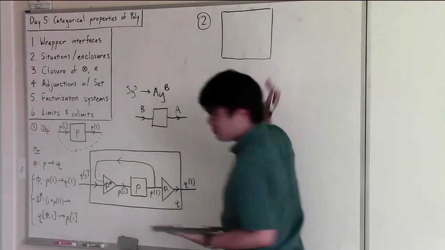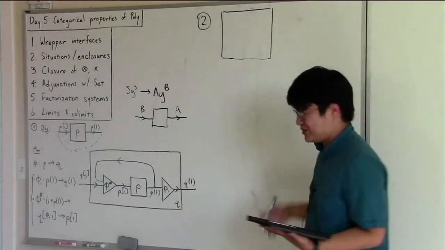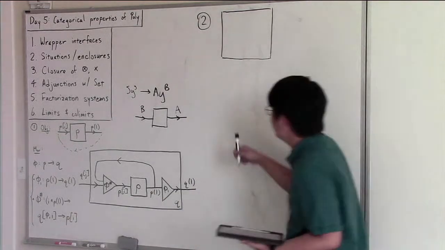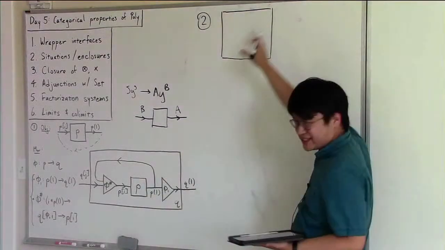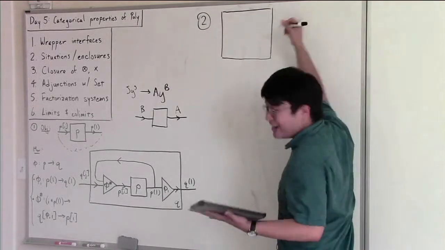Although when I say no inputs and no outputs, what I really mean is that there's exactly one possible output and there's exactly one possible input. And so what's a box that has exactly one possible output and one possible input? It's just y, thank you.